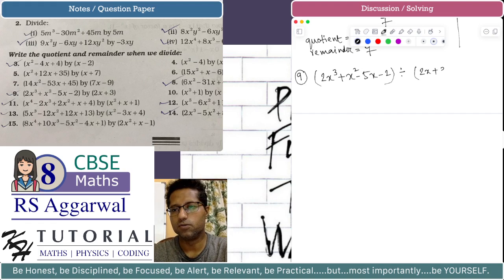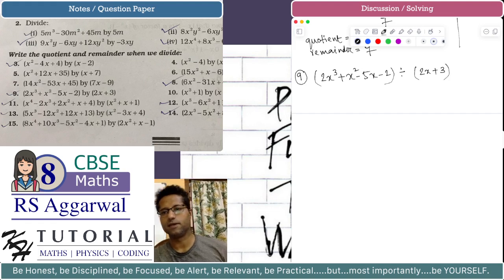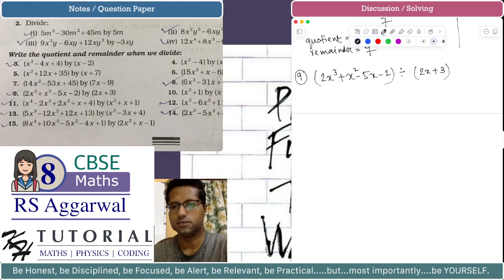We can see that the terms of both the dividend and the divisor are already arranged in descending order of their degrees. So the first term of the quotient will be the first term of the dividend divided by the first term of the divisor, which is equal to x square.